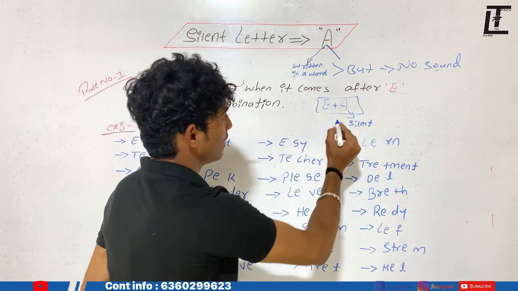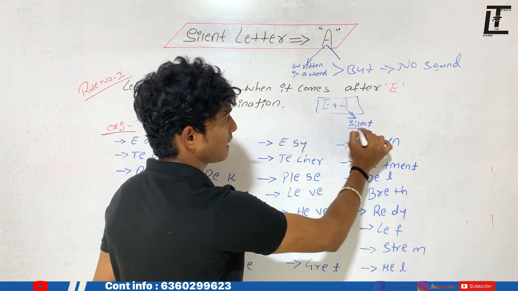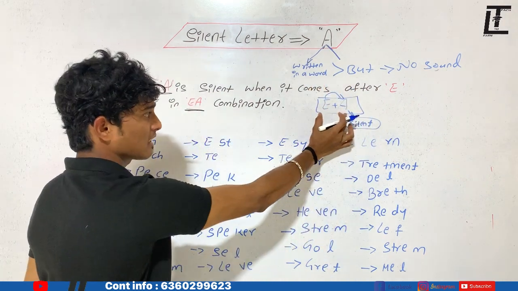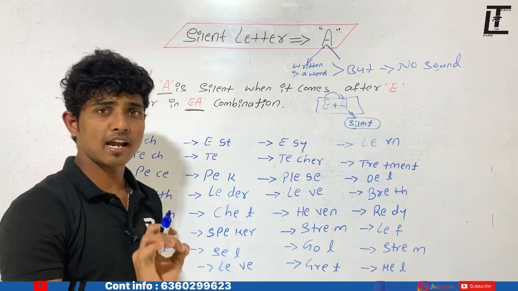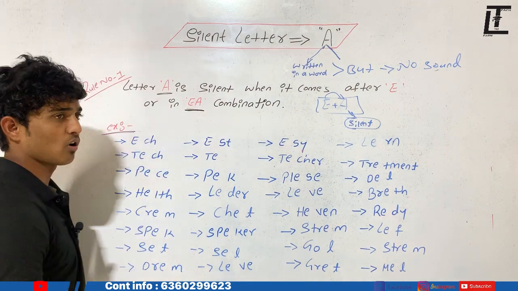Very simple. Letter A is written, but it is not pronounced. In this case, letter A is considered the silent letter. So now I have a few examples for you.